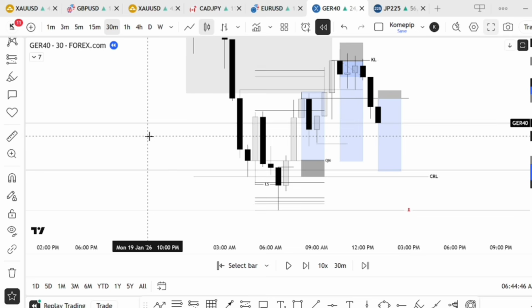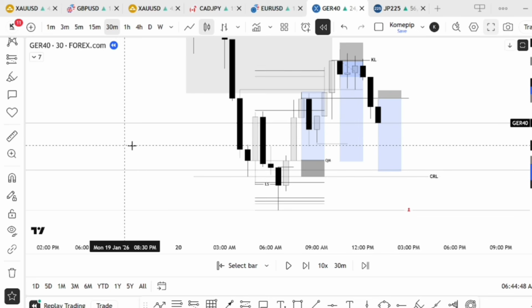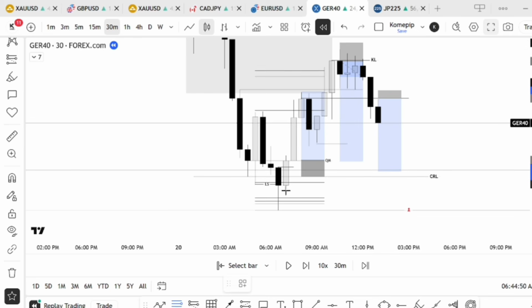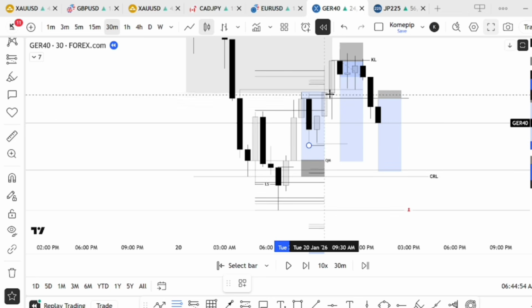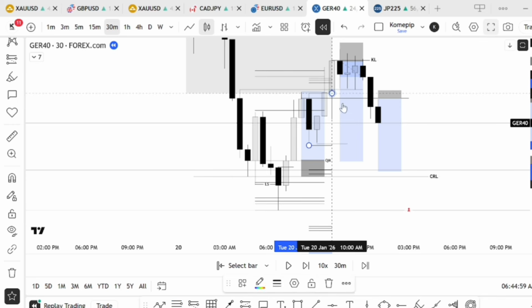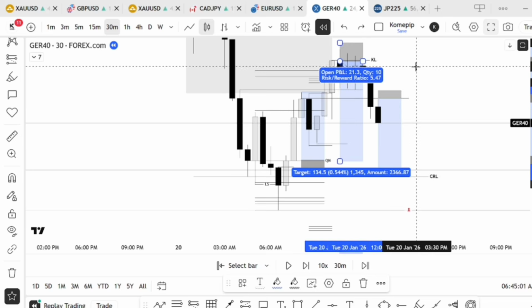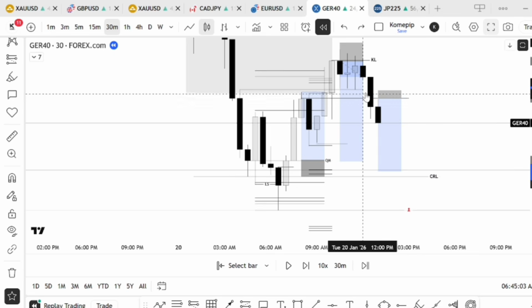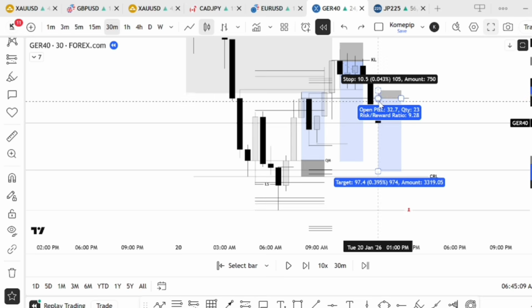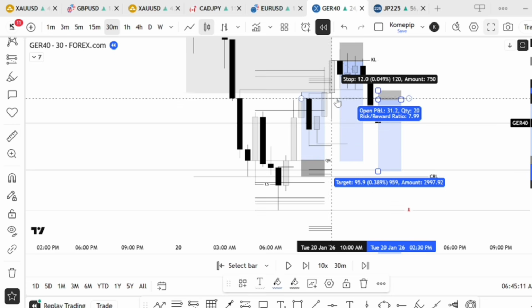So in this particular scenario, what else can we do? It's quite simple, right? So I'm going to pick my algorithmic tool, which is from here. So we'll mark from this level, and of course price gave us an engulfing right there, overlapping, what did I say earlier, overlapping the QM. So that's why my entry was there.